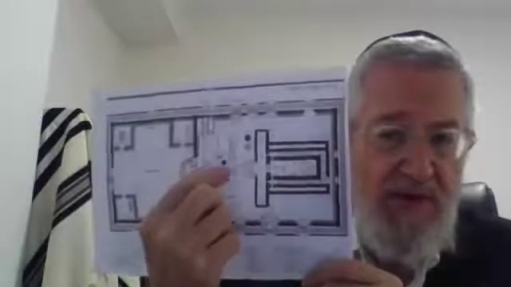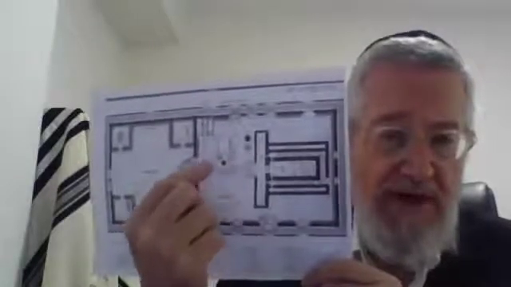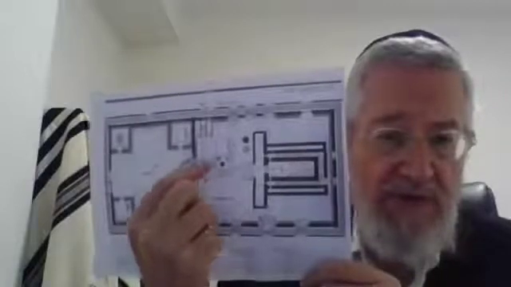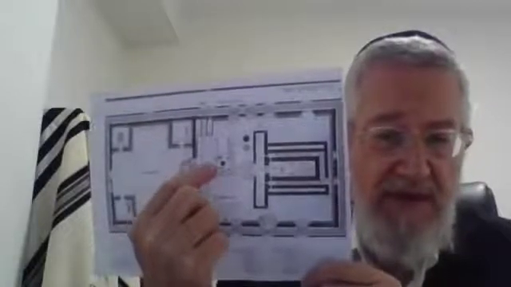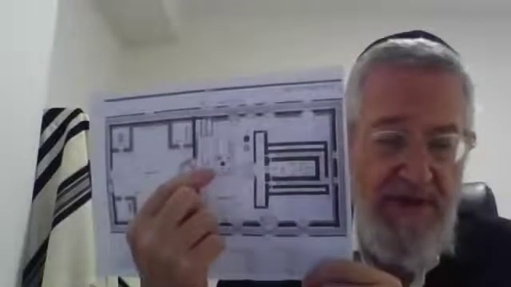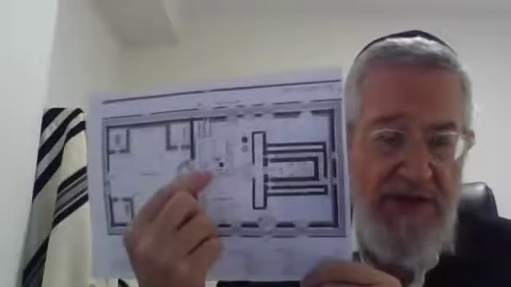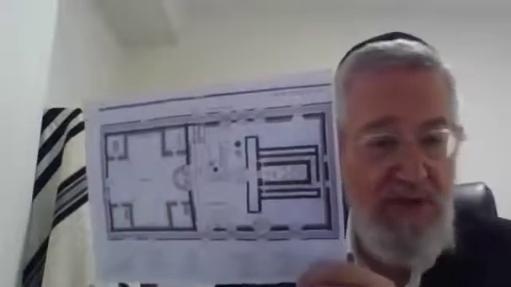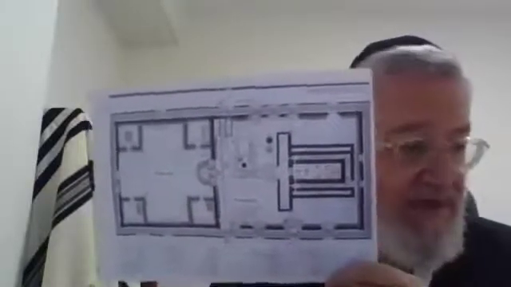And then there are the corners. Each of them takes up an amma, leaving you 26 by 26. Another amma where the Kohanim can walk around these fires, an amma each side. So 26 by 26 became 24 by 24. Okay? And that's what the Mishnah just described to us.